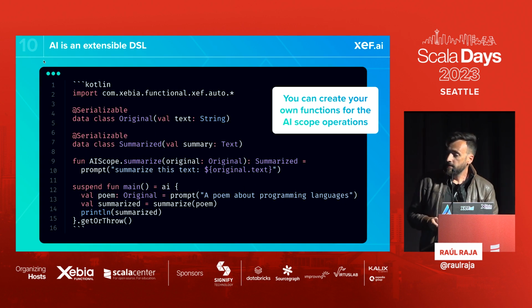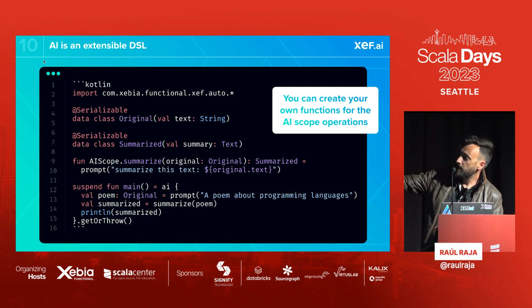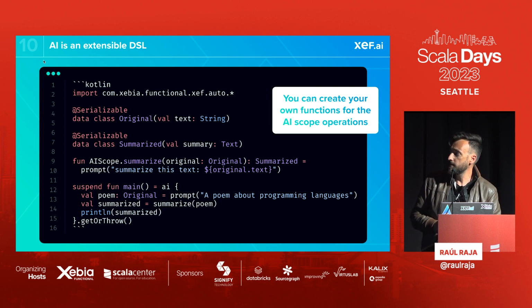And extending this library is extremely simple. You can declare functions on the scope, or in the case of Kotlin, on the receiver scope of the AI scope. In the case of Scala, just with implicit. So this example in Scala would be using AI scope. And here we are just using two custom models, original and summarized.